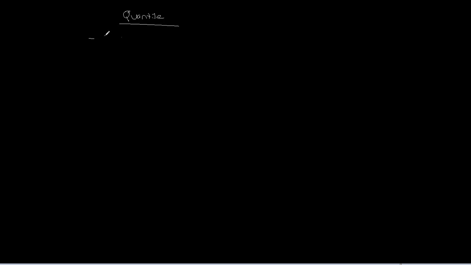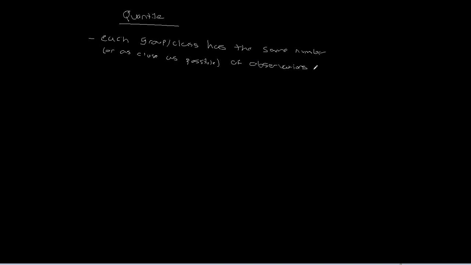So with quantile, each group, or again, you could think of this as class, has the same number or as close as possible of observations in each group.